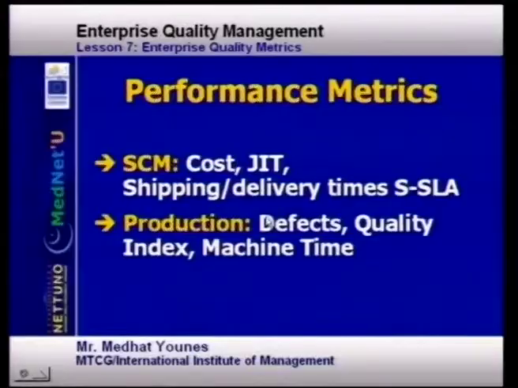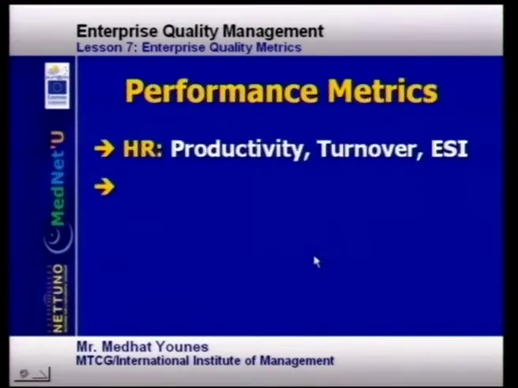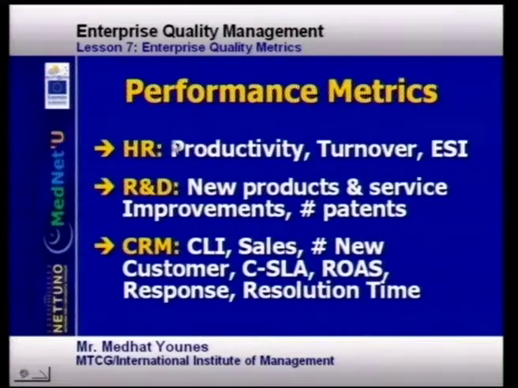For the production life cycle or production department, the performance metrics include defects, quality index, and machine time. For human resources, metrics include productivity, employee turnover, and employee satisfaction index. For R&D, the number of new products and service improvements, the number of patents filed.